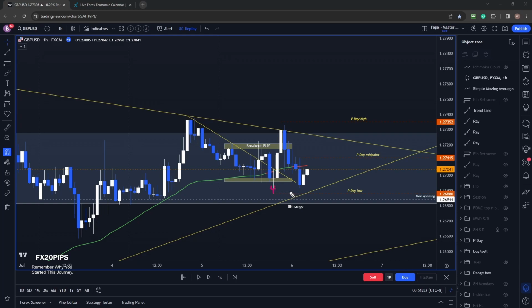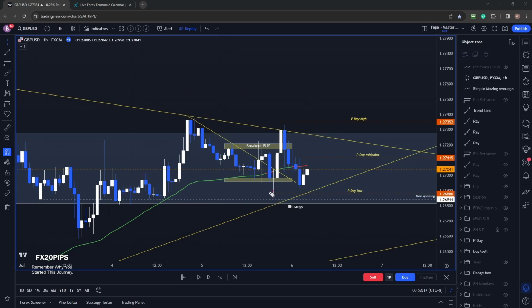you need to have the experience to take a buy, buying below the sell zone. Why? Because of the higher time frame of a bullish GBPUSD.